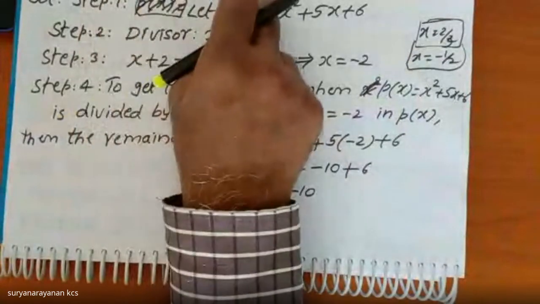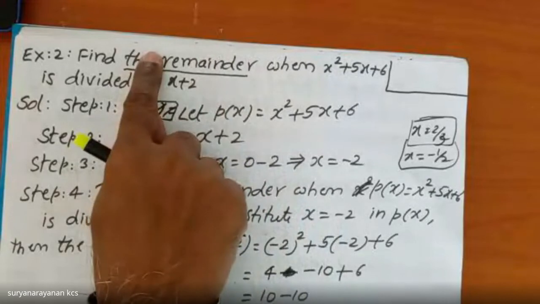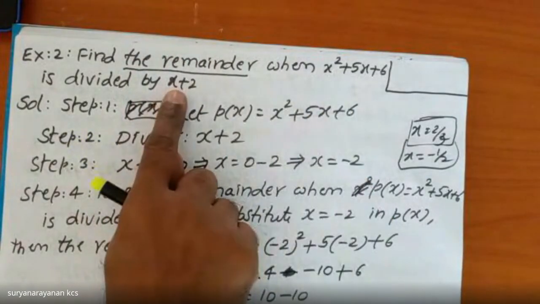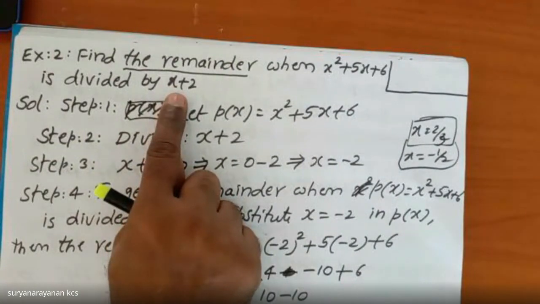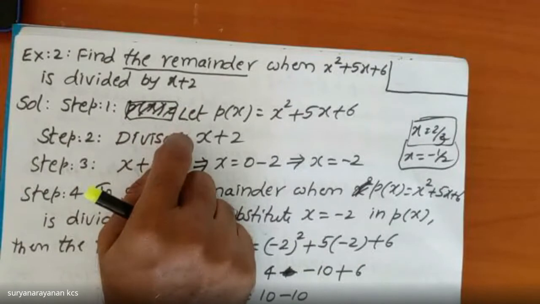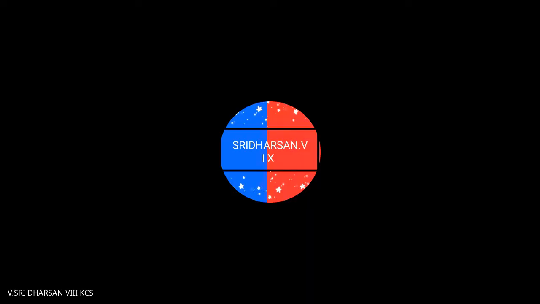We cannot find the quotient when a polynomial is divided by a linear polynomial. Understood this point, my dear children? Yes, sir.